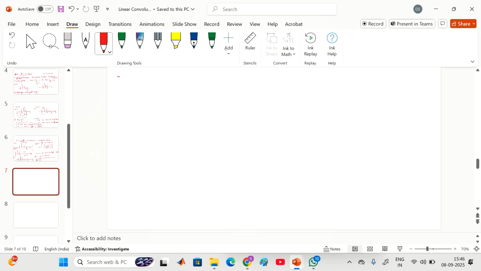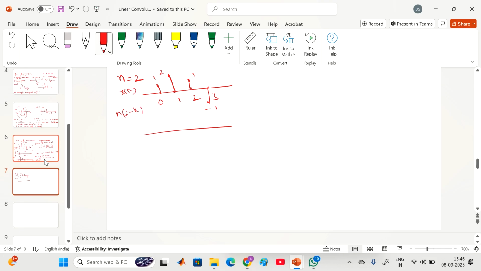Again increment the n value by 1, so I get n equal to 2. At each and every step you have to increment the n value and multiply with the shifted sequence. Now if n is equal to 2, again I draw x of k: 1, 2, 1, minus 1. Then h of 2 minus k.